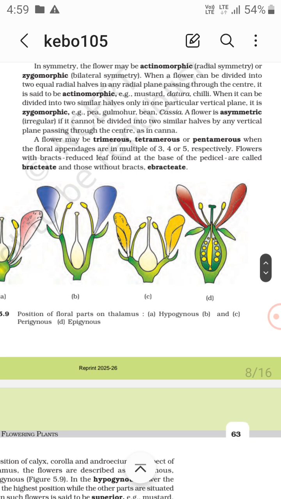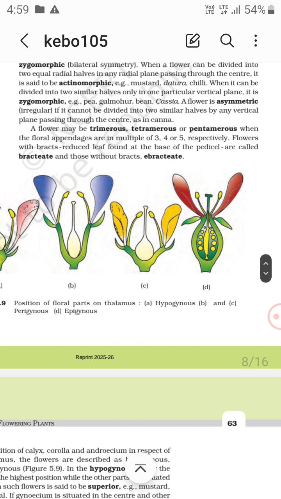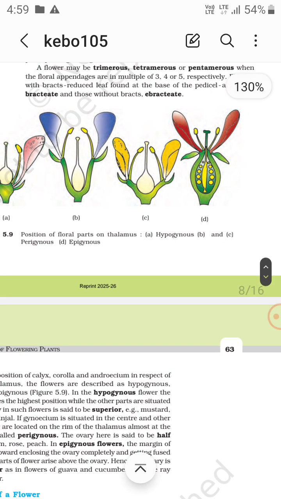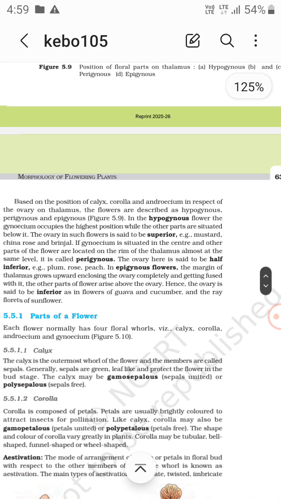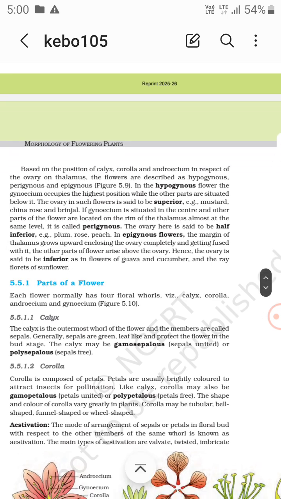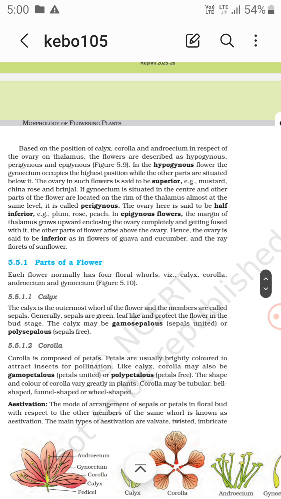Okay, the flower. Then there is the bract, a reduced leaf found at the base of the pedicel or stalk. Flowers with bracts are called bracteate, and those without bracts are ebracteate. So hypogynous, perigynous, and epigynous, right? Based on the position of calyx, corolla, and androecium in respect of the ovary on thalamus, flowers are hypogynous, perigynous, and epigynous.